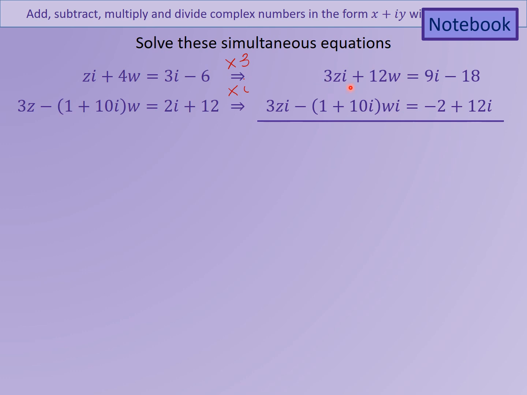Notice now that the coefficients with z are equal, and therefore we can eliminate that coefficient. If we subtract them, we are left with 2w plus wi is equal to minus 16 minus 3i.